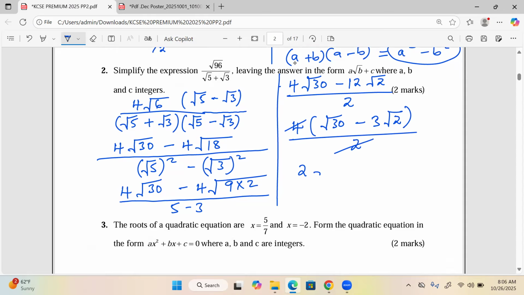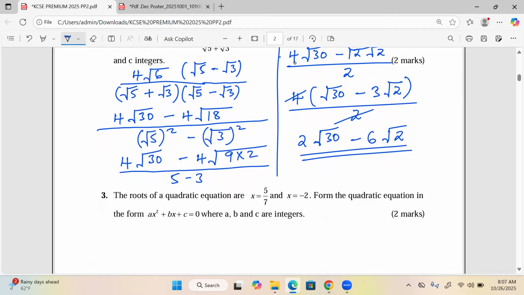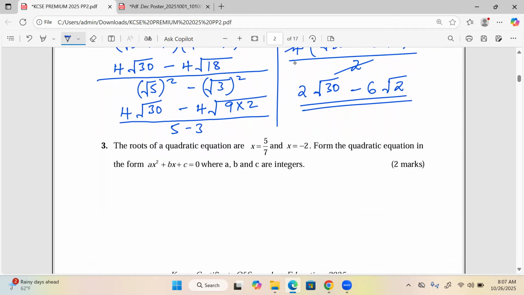Let me check. 2 the root of 30 minus 6, yeah, 6, the root of 2 after the 2 has multiplied there. So we can have this one as our final answer according to the format that they need. So that is the final answer.